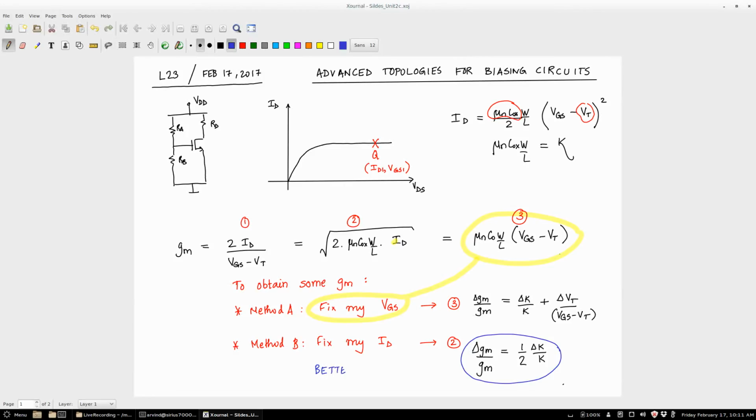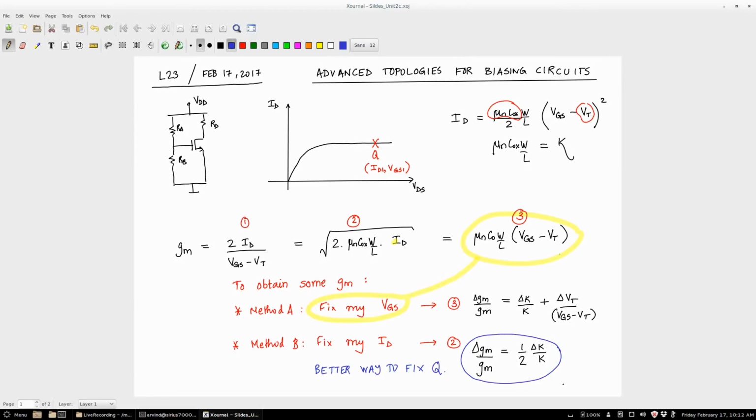So out of these two, for the same manufacturer spread in Vt and K, which of these is a better way? Second one is a better way, right? So that is a better way to fix my operating point Q.